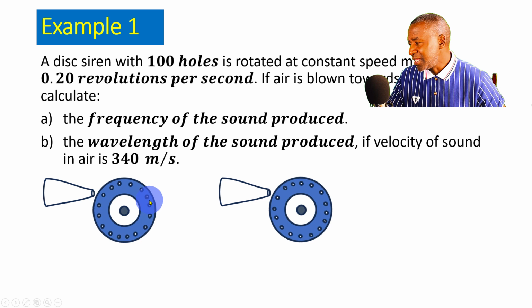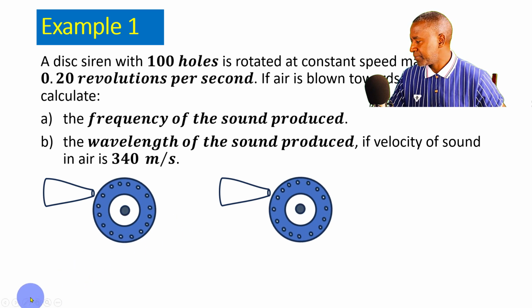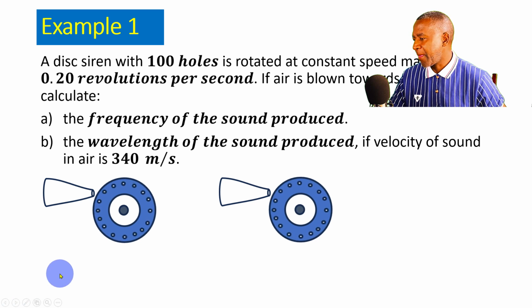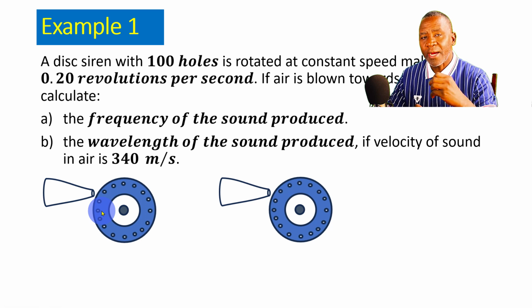So in this disc, there are n number of holes. There are several holes. Let me just pause the simulation. Over here, there are several holes, and the disc is making n revolutions per second.